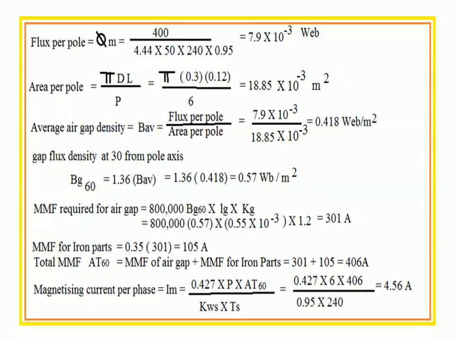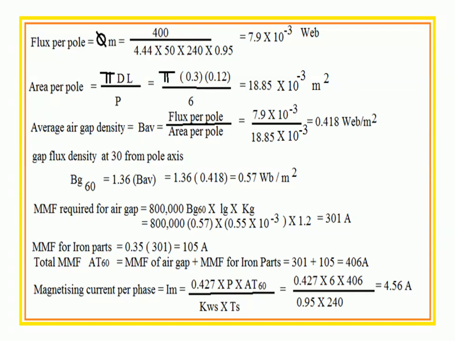So you calculate the flux density at 60 degrees from the interpolar axis, that is called BG60, or 30 degrees from the pole axis. It should be calculated by multiplying the average value by 1.36. Hence we are going to get 0.57 Weber per meter square.